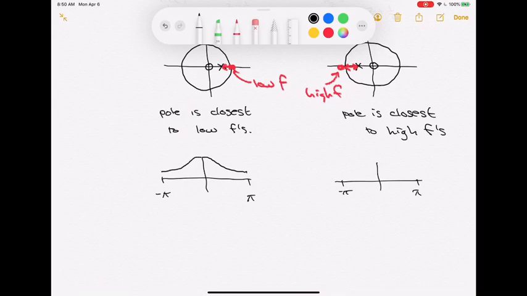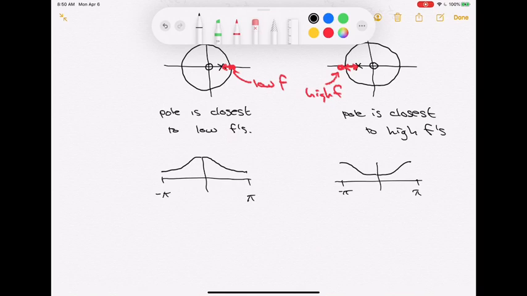It would be something more akin to low pass like behavior. The second one would have high frequencies that are going to get boosted, so we would get something that is more high pass in nature. Nowhere would this response be 0 because there's no zero on the unit circle. So just really roughly we can get an idea.